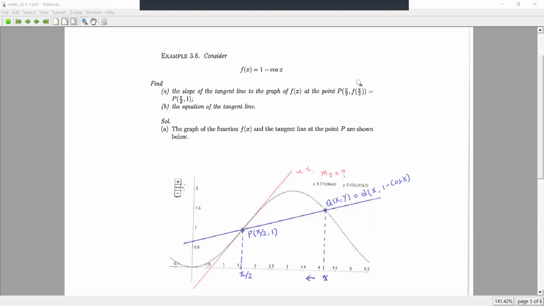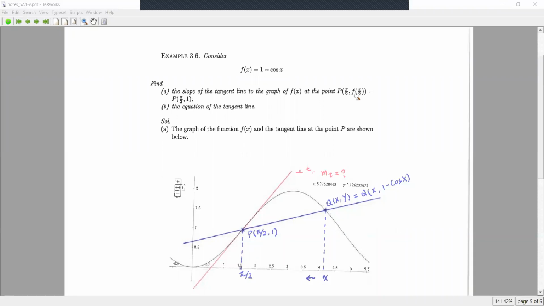The y coordinate is function value at pi over 2. Because the y coordinate is a function value, point P is on the graph of the function. Point P is here on the graph of the function.